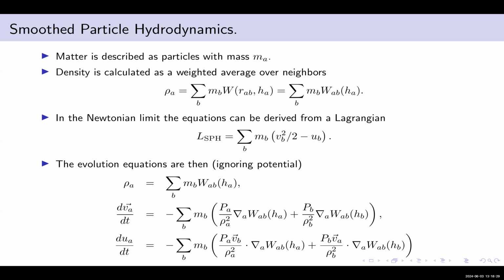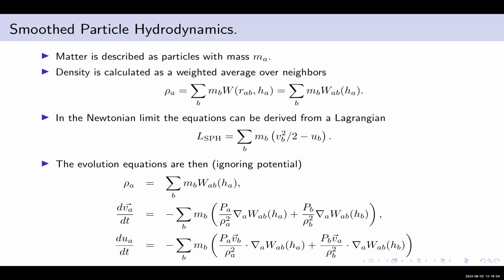So it depends on the distance between the two particles and the smoothing length that has been assigned to particle A. And so outside of the smoothing length, the contribution is 0. When the distance is smaller than that, you get a contribution, and you get a larger contribution when the distance is smaller.